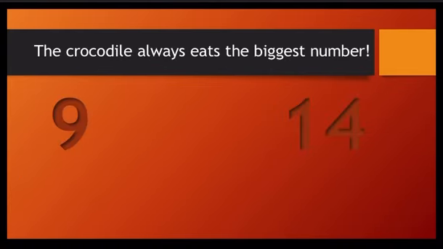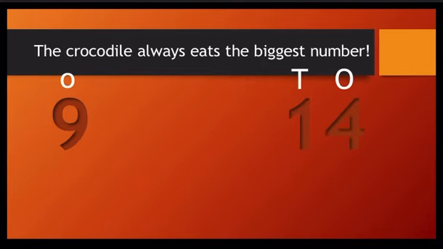Okay, so it says the crocodile always eats the biggest number. So we have the two numbers there, number 9 and number 14. Now, I want to show you that I know the value of each of those numbers. So I know that 9 is 9 ones, and I know that 14 has 1 ten and 4 ones.